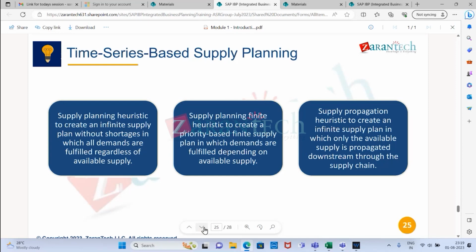So based on the defined parameters, the system will give the priority to supply to customer A, B, C, D, whatever it is. So this is how the supply planning decision making takes place based on the master data and based on the inputs that are given to the IBP tool.